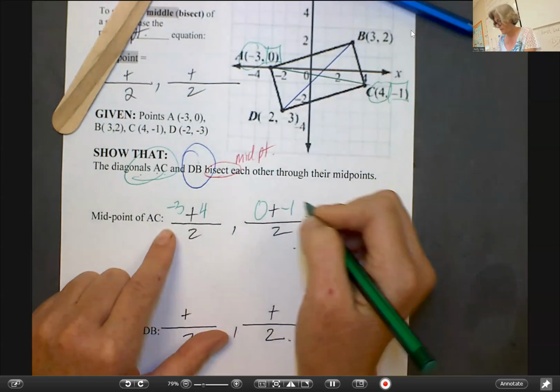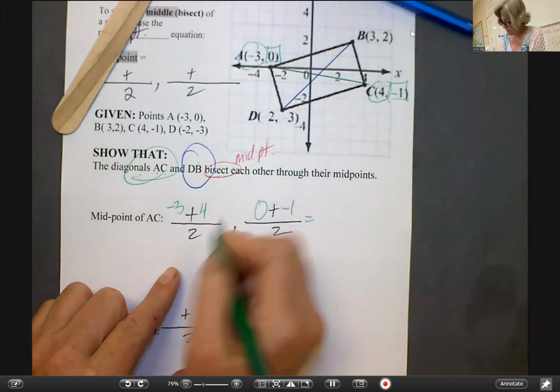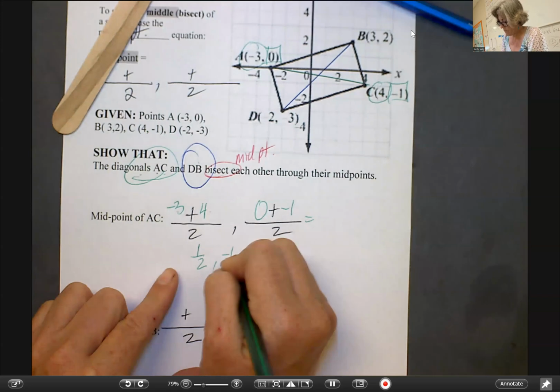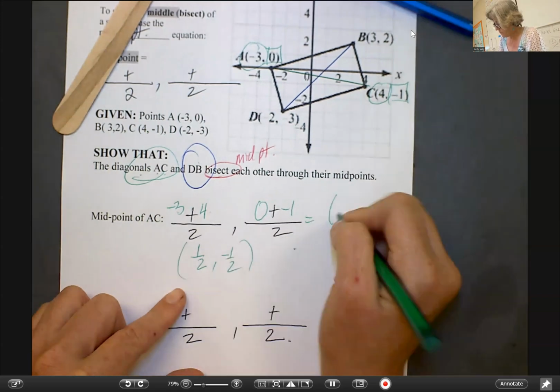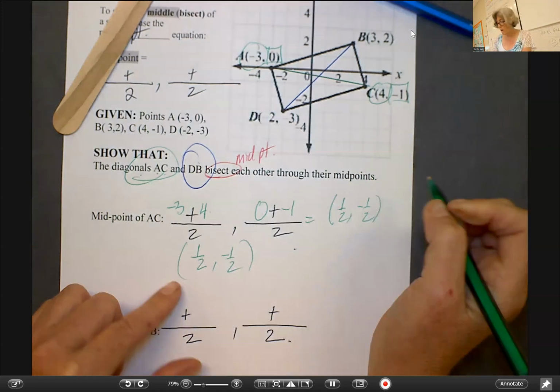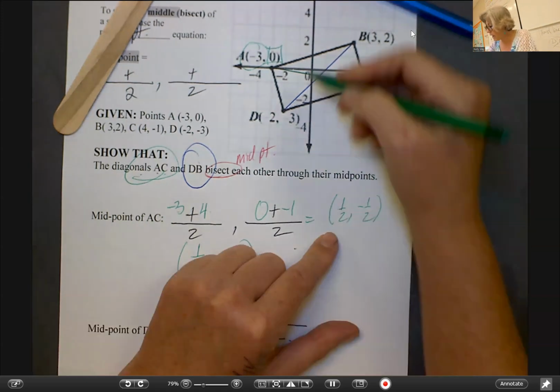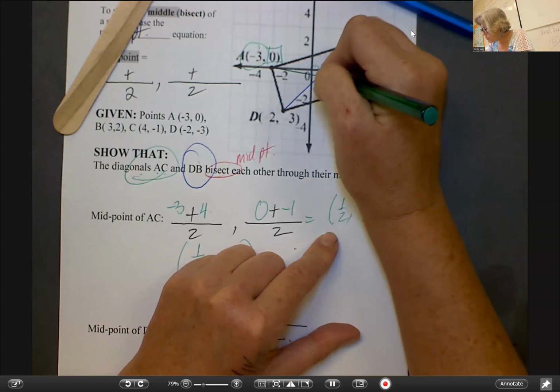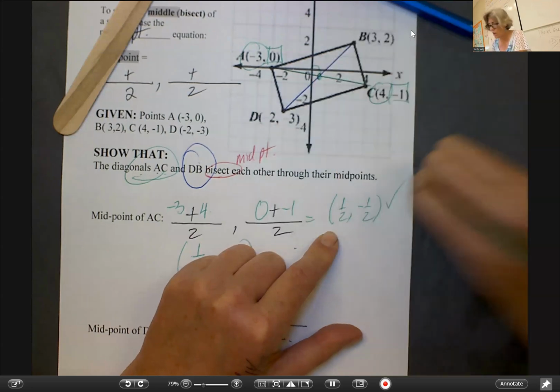Do the math. So notice my coordinate is 1/2 and -1/2, and if that's 1 there, there's 1/2, and then down 1/2, and boom, there's my midpoint. Check.